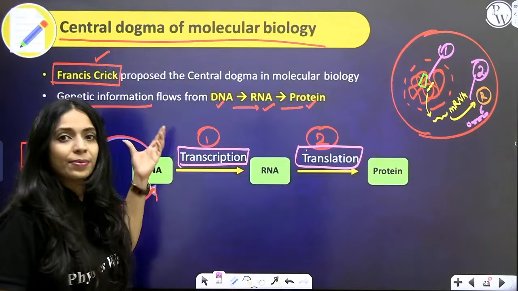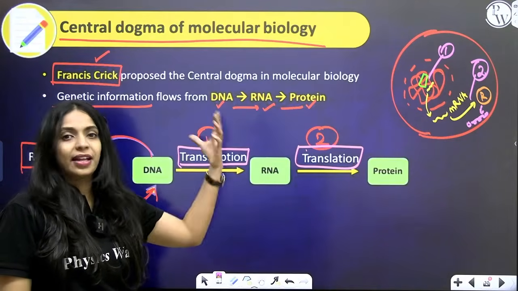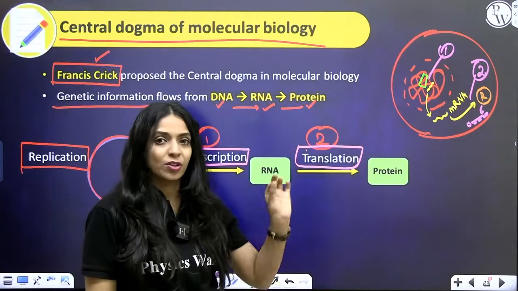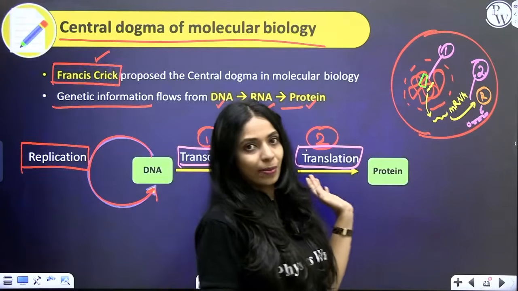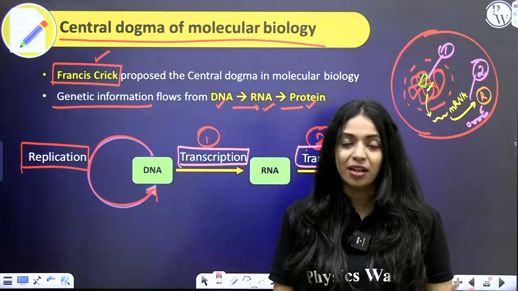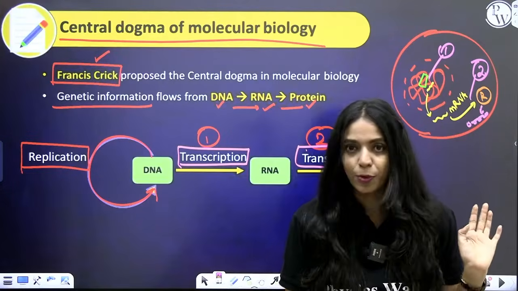So in the first step, DNA information is copied by RNA. RNA takes it, that is the transcription step. In the next step, the coded message has to be translated. That can be done only by the ribosome. So that RNA goes to the ribosome. The ribosome reads that message and synthesizes a protein. Whatever job the protein was supposed to do, that job will be performed by the protein.